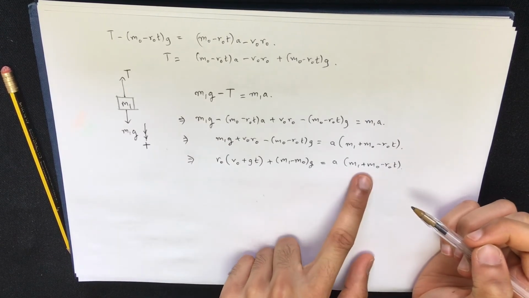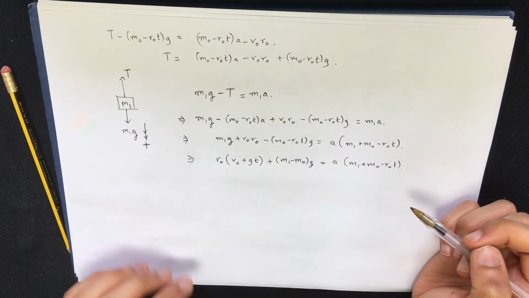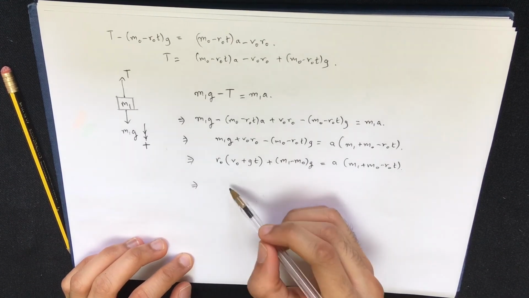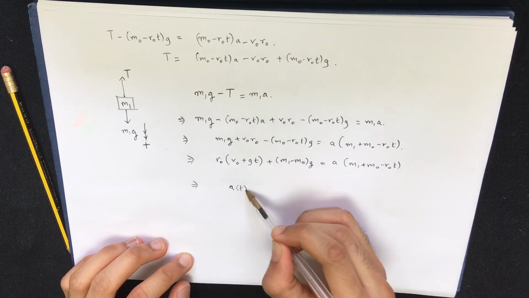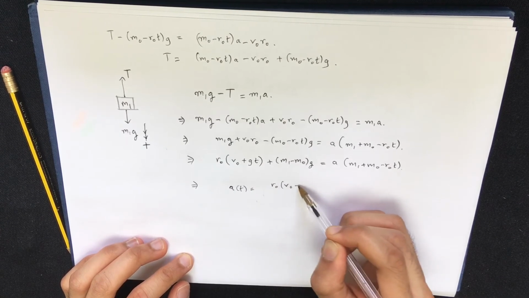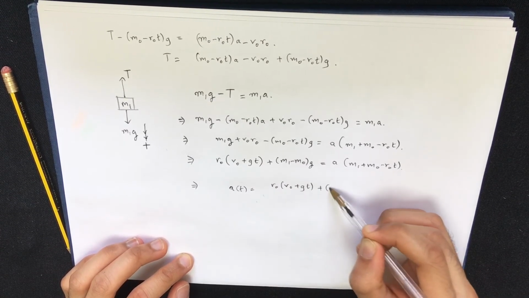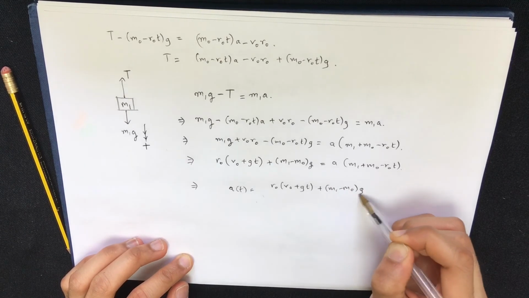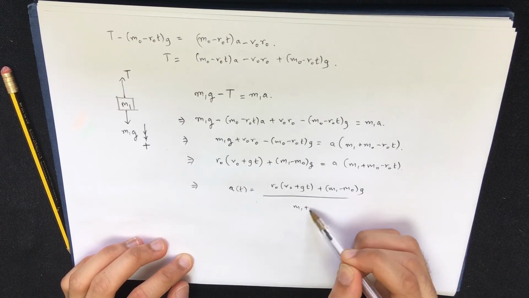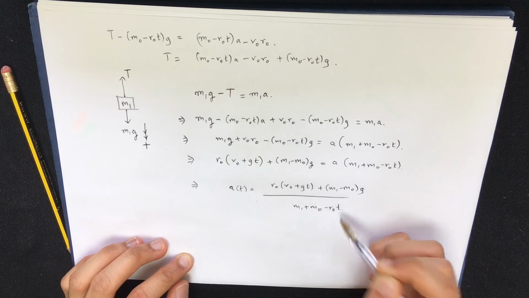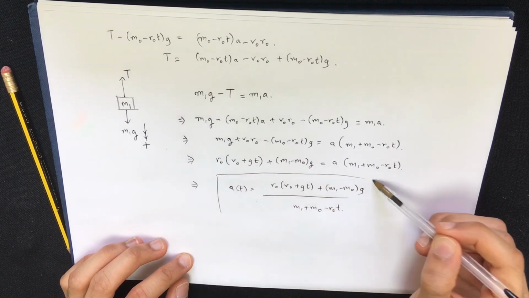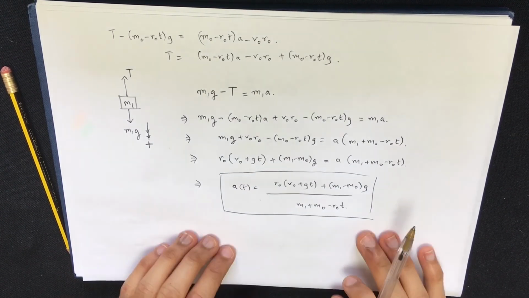So that's it. All we've got to do is just divide this whole thing by this expression and we get the acceleration as a function of time. And that's basically going to be equal to [R0 (V0 plus GT) plus (M1 minus M0) G] divided by (M1 plus M0 minus R0 T). So yeah, that's the expression I got for the acceleration as a function of time.